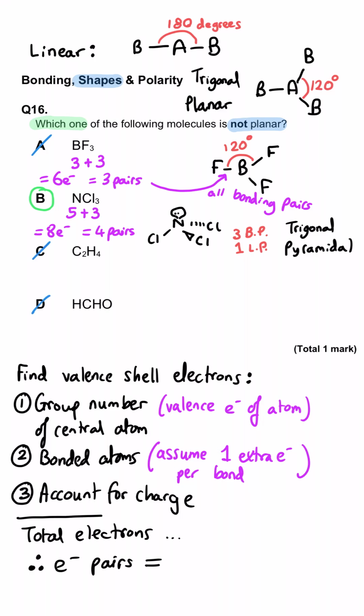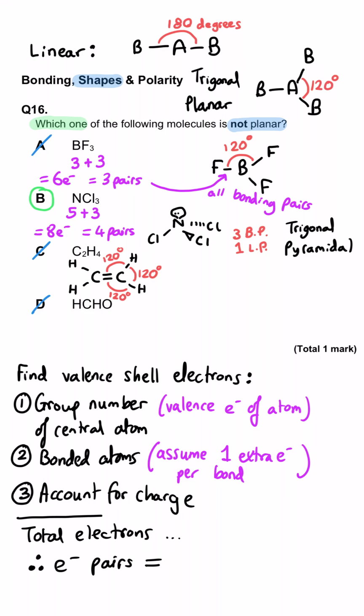It is not planar. In a test, this is where we'd move on, but just to look at C and D and prove why they are planar, C2H4 is an alkene, and it's a very small alkene, it's ethene, and so around each of those carbon atoms in the double bond, there are 3 clouds of electrons.